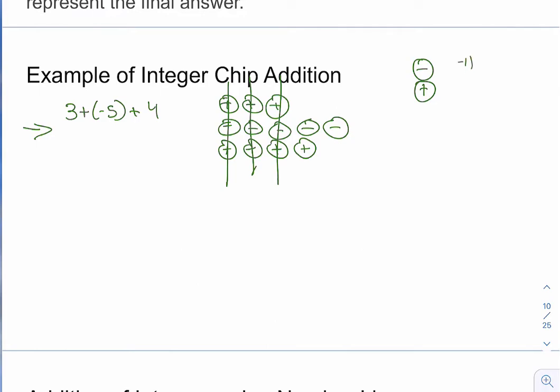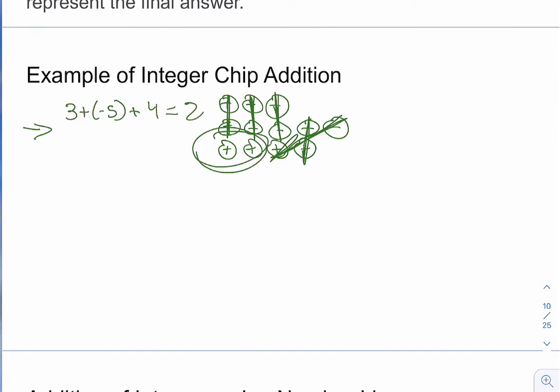Negative 1 plus 1 equals 0, so it's a 0 pair. Negative 1, in this instance over here, plus 1 equals 1, so that doesn't work for us. Okay, so we have to be careful. If we're going to put them underneath, we have to be careful that we're only crossing off 0 pairs. So now then I could just cross this one off, and I could get rid of that one and that one. So then I would still have my 2 left over, as I know the answer is.